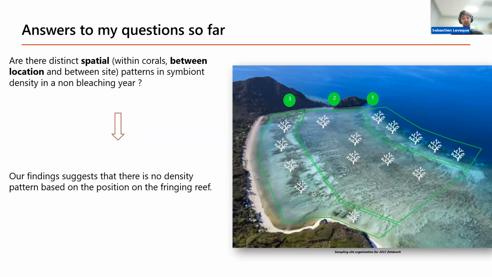On the scale of a site, we've seen that there is no density pattern based on the position on the fringing reef. So this suggests that the density you can find on the back of the reef is the same as the one you can find on the inner and the crest of the reef. So there is no significant difference between them. So this is kind of a homogeneous compartment at the scale of a site.